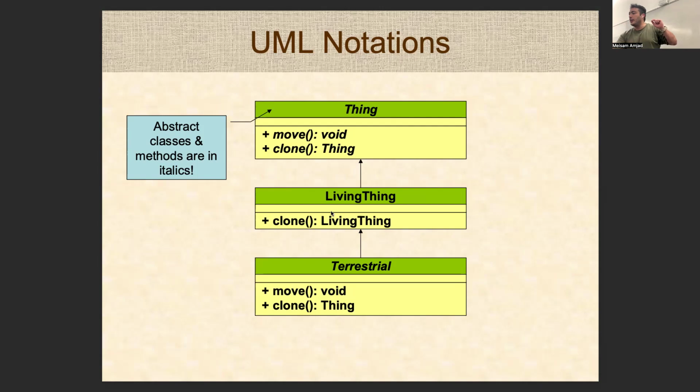As you can see, this is tilted to the right a little bit. That means I'm using italic font for it. So if you see an italic font somewhere, that means it's an abstract method or interface.